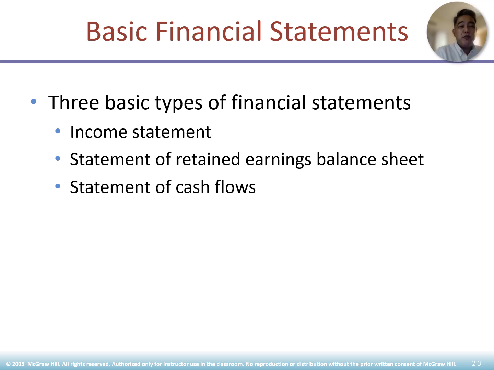Then the difference between two balance sheets, 2 years of balance sheet, year one and year two, will be the changes that will be shown on the statement of cash flow. So that's the reason why when somebody would talk about what are the different types of financial statements, there's always an order, right?